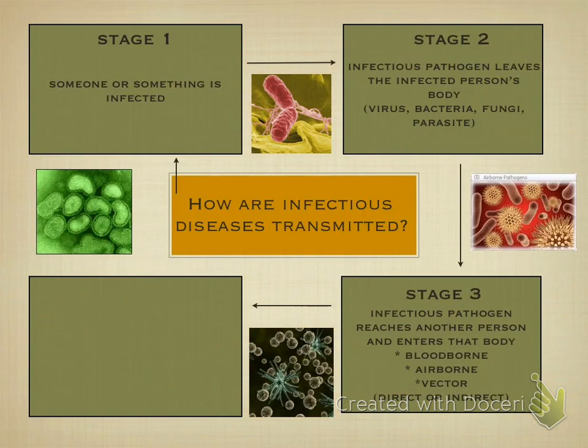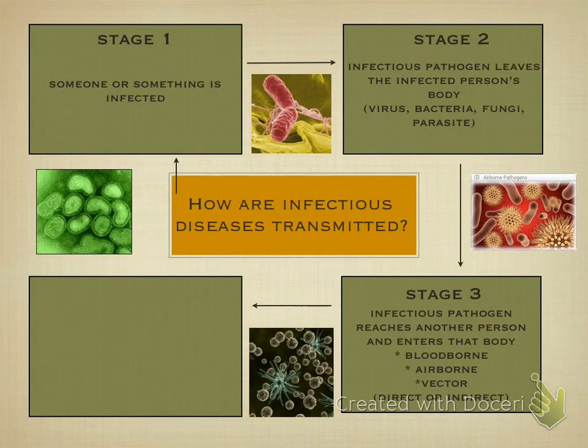And then there's indirect. What would indirect transmission be? That means you get it from somebody, but you don't get it from touching them. Needles is huge. Vectors is huge. Drinking after somebody, eating after somebody. Those are the kinds of things that are indirect. You don't have to touch their body, but you can still get their disease.